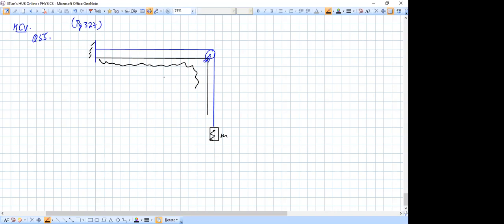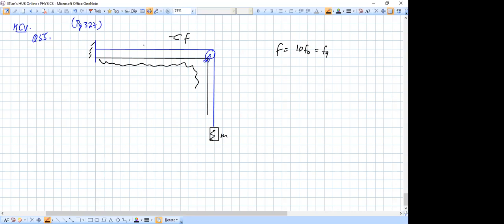Okay, so now what the question is saying is that the string vibrates in the 10th harmonic in unison with a particular tuning fork. So you have a tuning fork whose frequency is F. That frequency is the 10th harmonic of the fundamental frequency of the string, so basically the 9th overtone.